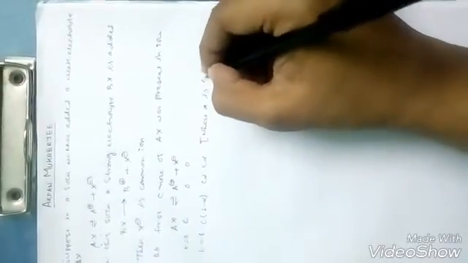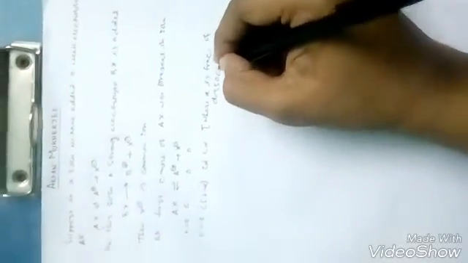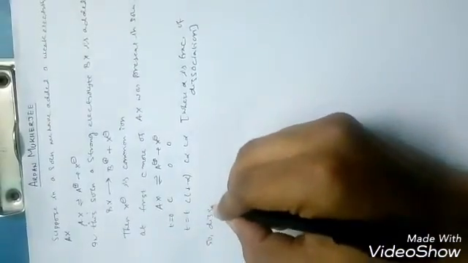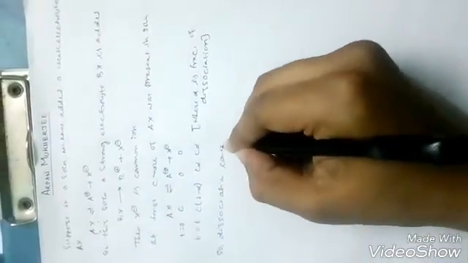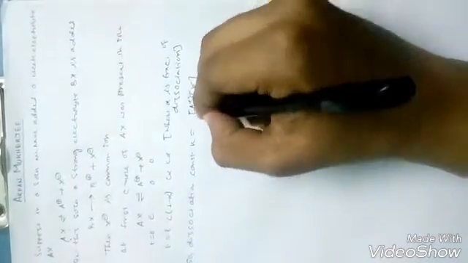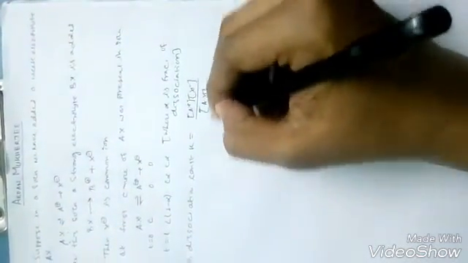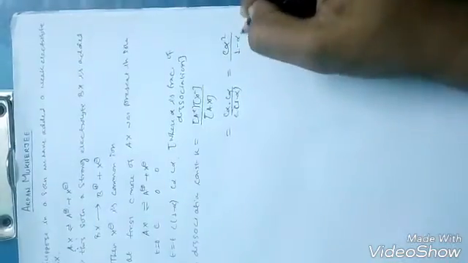So the dissociation constant K equals concentration of A plus into X minus by concentration of AX, equals C alpha dot C alpha by C into 1 minus alpha. So we get C alpha square by 1 minus alpha.